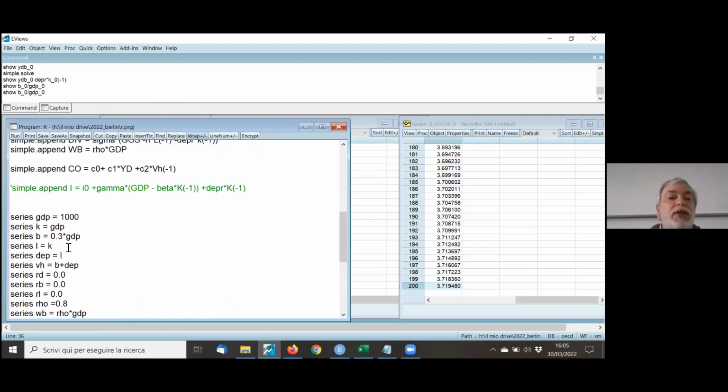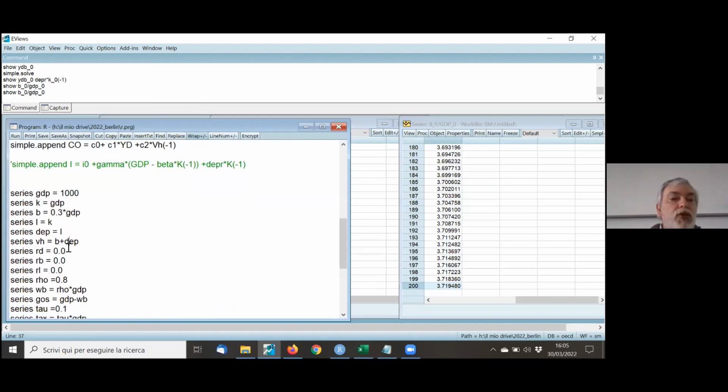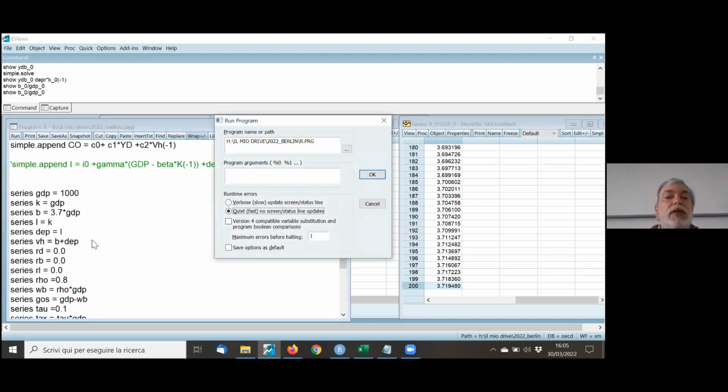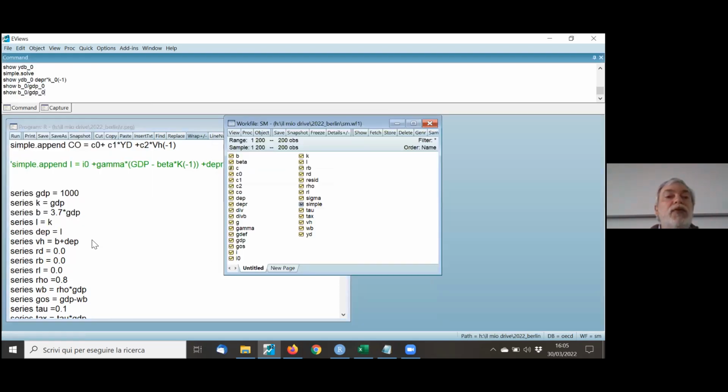And let's try to change these values so that this is 3.7 times GDP, and deposits are equal to the stock of capital. So let's see whether this now converges more quickly.